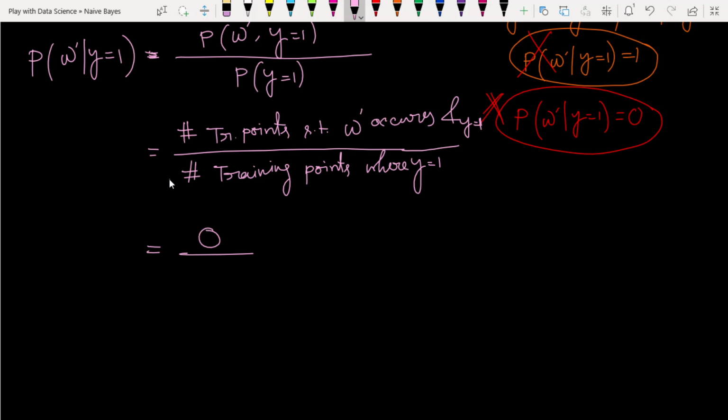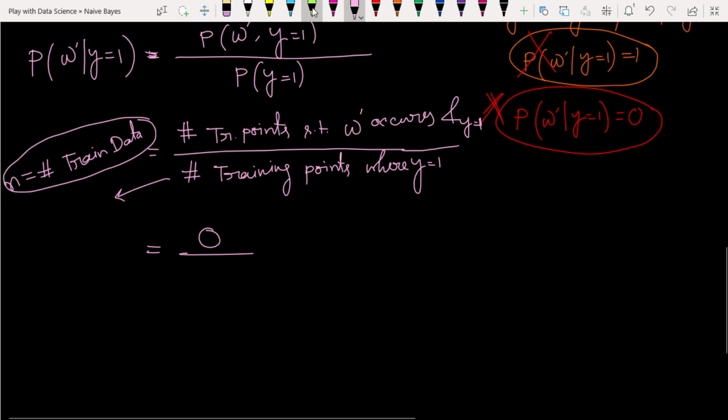Suppose n equals the number of data points in the training data, and among these n training data, suppose n1 equals the number of training data where y equals 1, for class label 1.